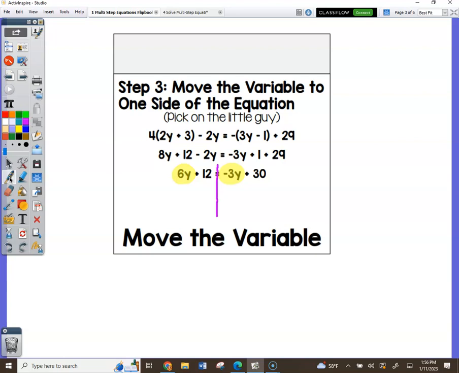So just be prepared to do whatever feels comfortable with you, but to understand that we'll come to the same answer. So this is 9y plus 12 equals 30.